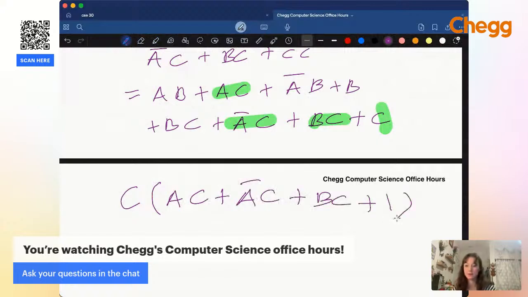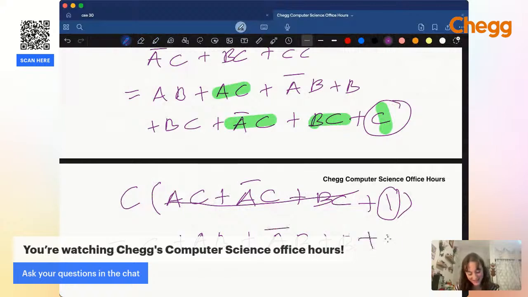Because C times 1 is C. And because this is 1, we don't need any of these terms because if C is true, this will always evaluate to true, as we can see here. So we can rewrite this as C or AB or not A and B or B or BC.